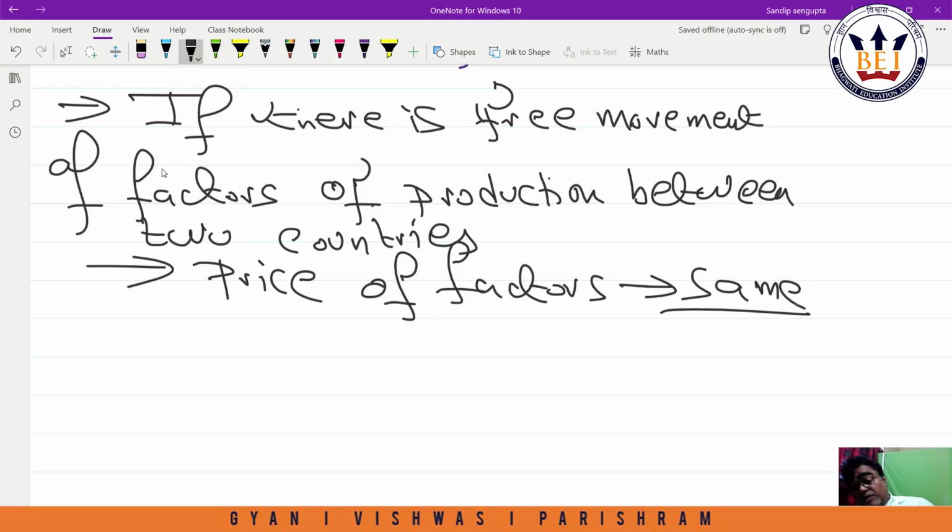That is why it is called factor price equalization theory.